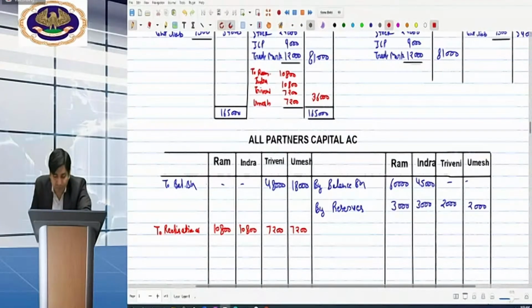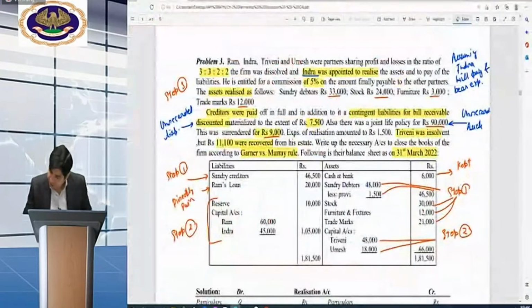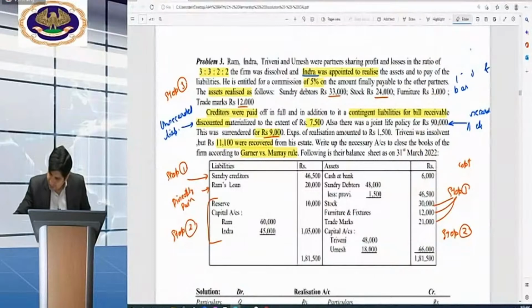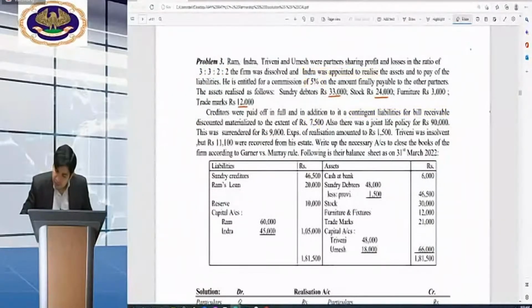Now coming to the next part. See, I am removing all the highlighted part, and now we shall highlight only the relevant part so that we can be more focused. Now see what is pending. First, he is entitled to a commission of 5% on the amount finally payable to others.